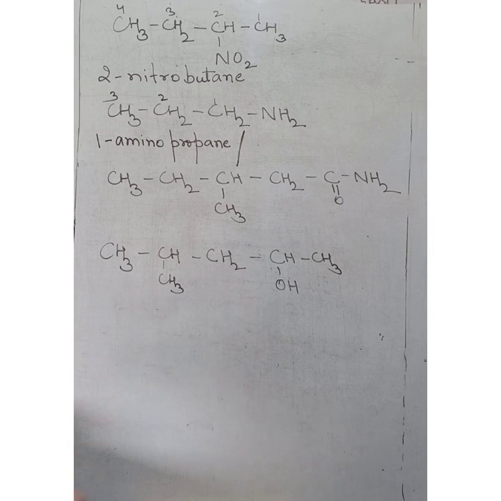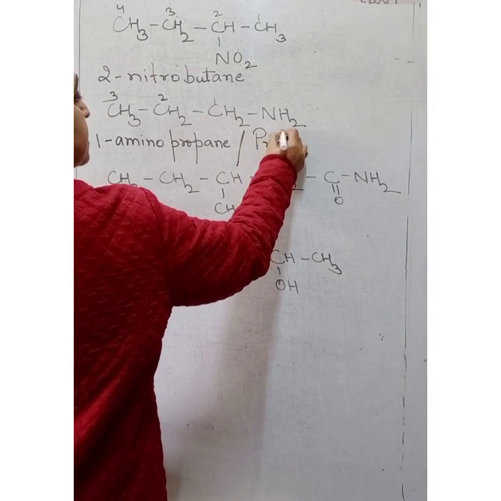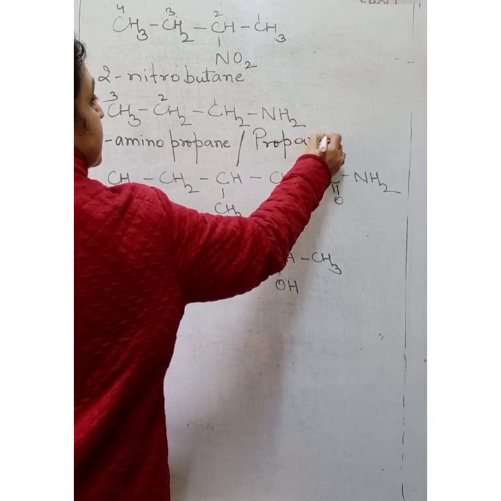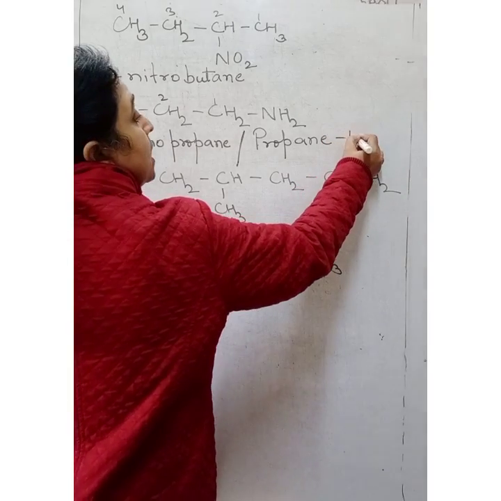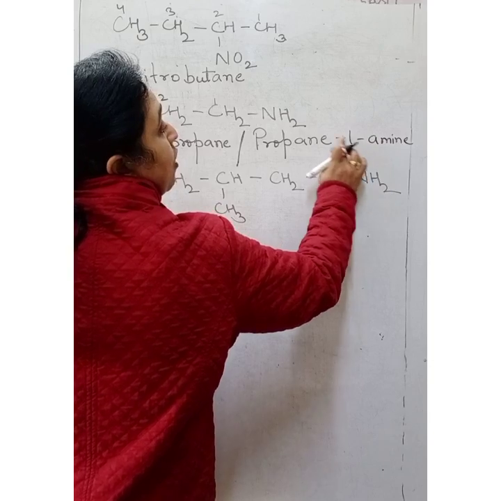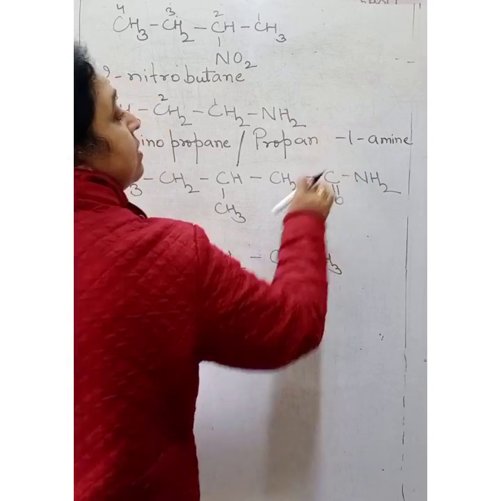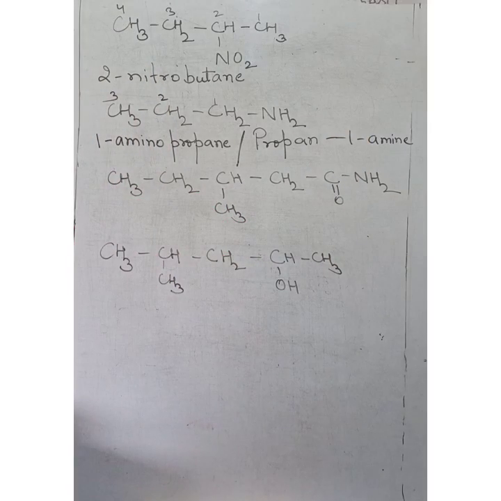So we will not consider position and prefix. We will start from the word root. Prop is the word root, primary suffix is propane, and the secondary suffix used for it is amine. 1-amine. Now, since it is beginning with a vowel, this terminal E will be dropped.